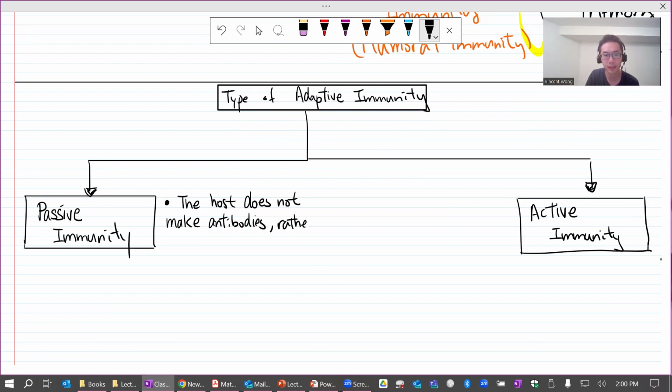Rather, antibodies are given to them. So you don't make your own antibodies in this case. You just receive them. Someone else made them, or something else made them. You are just going to take it.